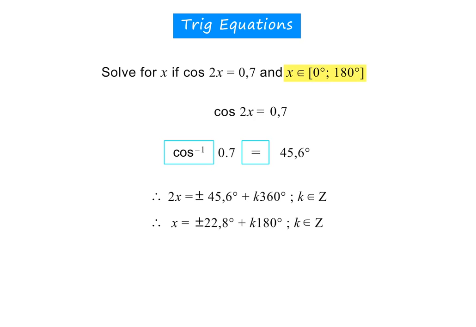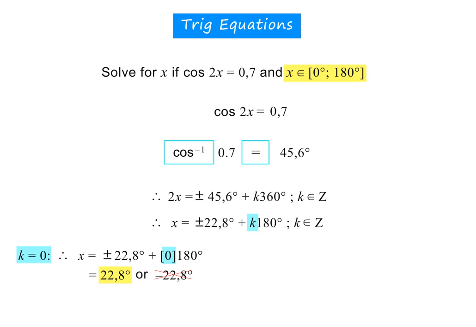We are now ready to use this general solution to find all the angles that lie in the interval 0 to 180 degrees. If we let k equal 0, we get the following 2 possible solutions. The negative angle is not a valid solution because it lies outside the interval 0 to 180 degrees.